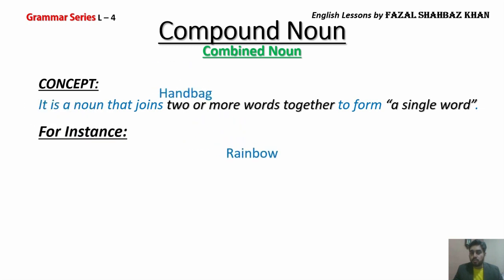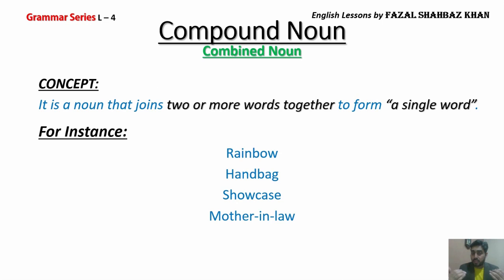rainbow, handbag, showcase, and in another case, as you can see, mother-in-law. Now this is exceptional, where we can attach multiple words, not really mixing them together, but dividing them by the use of hyphen, as you can see between all three words.